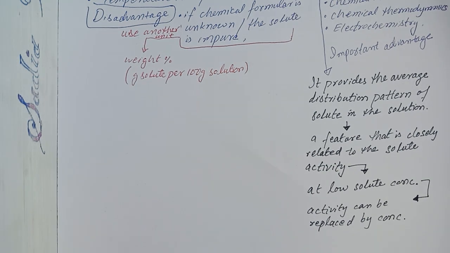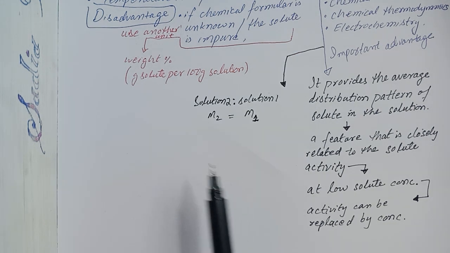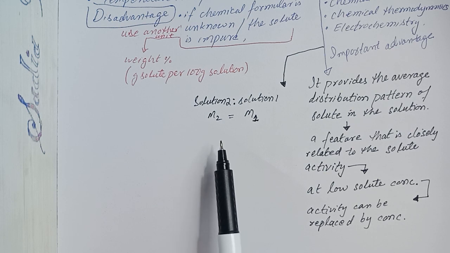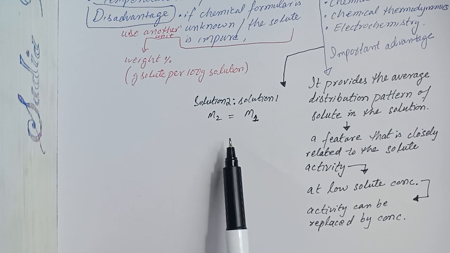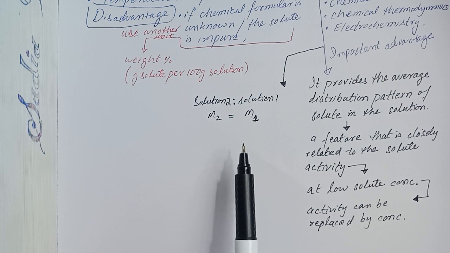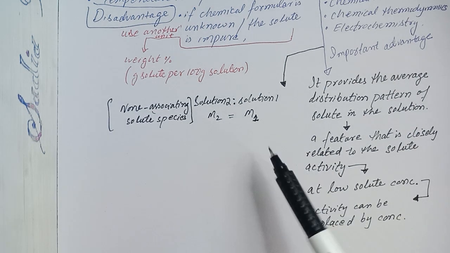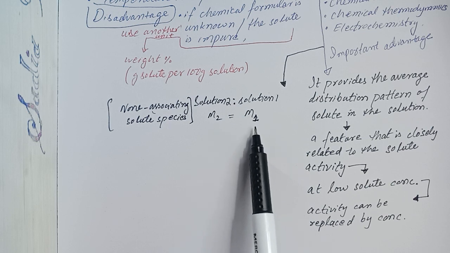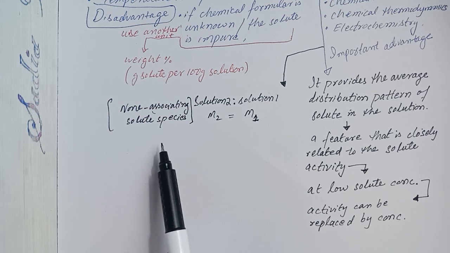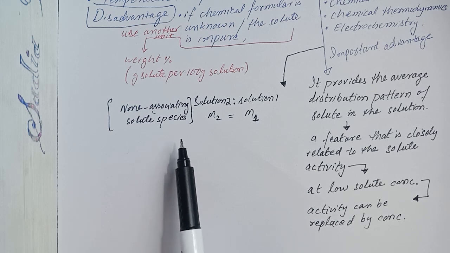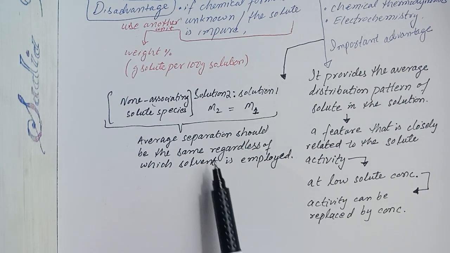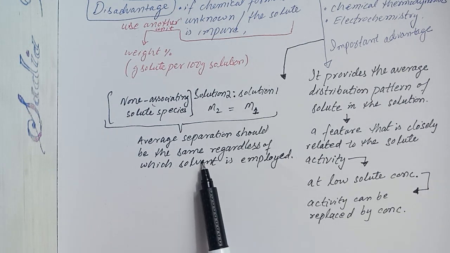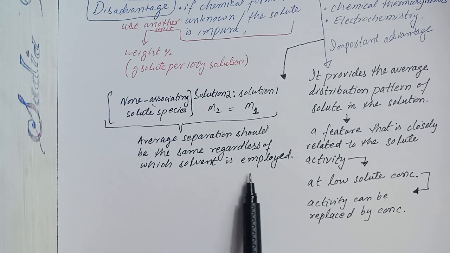Another advantage of using molarity is that for equal molarity solutions of non-associating solute species, M2 equal to M1 for solution 2 and solution 1, the average separation should be the same regardless of which solvent is employed.